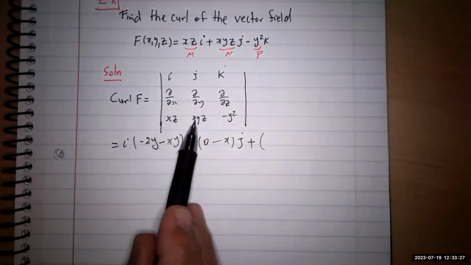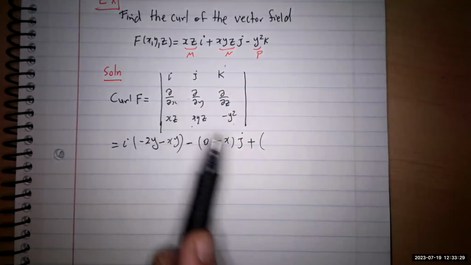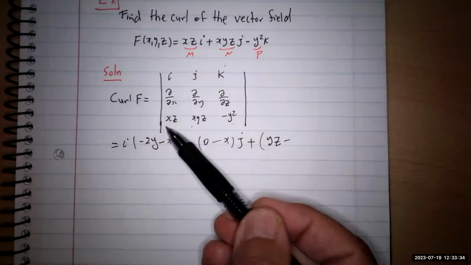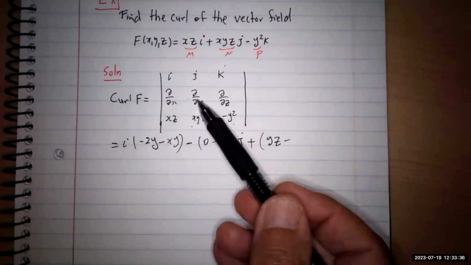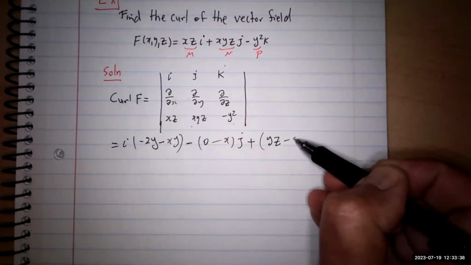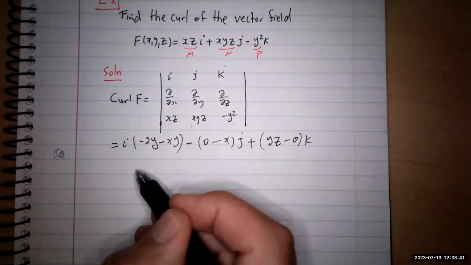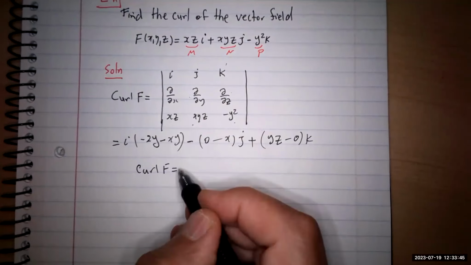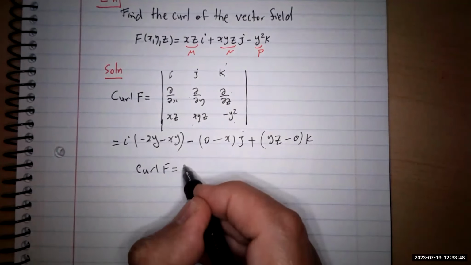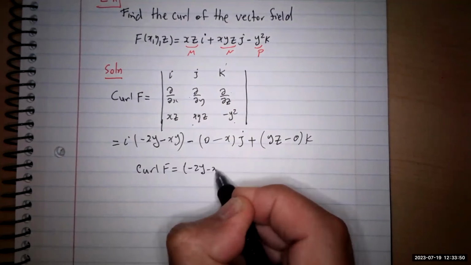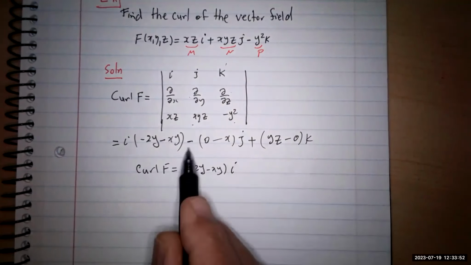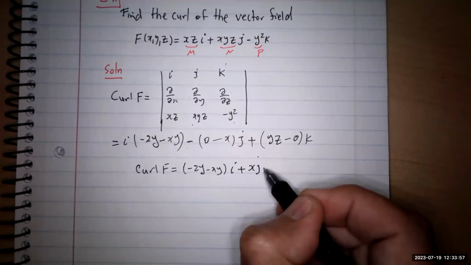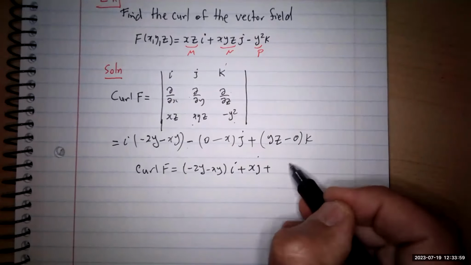Derivative with respect to x of xyz would be yz, minus derivative with respect to y of xz. There is no y here, so it would be 0, times k. So the curl of F is going to be equal to negative 2y minus xy times i, plus xj, and plus yz k.